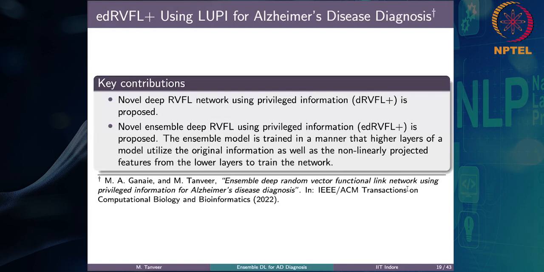In this work, we have developed two variants: one is Deep RVFL Plus, and another is Ensemble Deep RVFL Plus. A novel deep RVFL network using privileged information is proposed, and an ensemble deep RVFL using privileged information, called EDRVFL Plus, is also proposed. The ensemble model is trained in a manner that higher layers of the model utilize the original information as well as the non-linearly projected features from the lower layers to train the network.